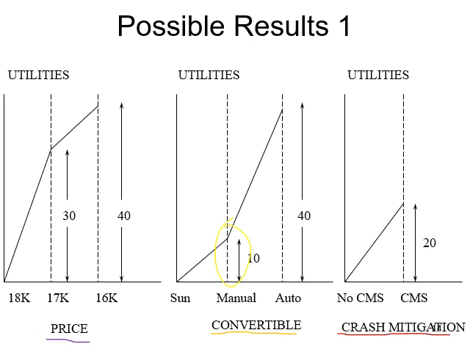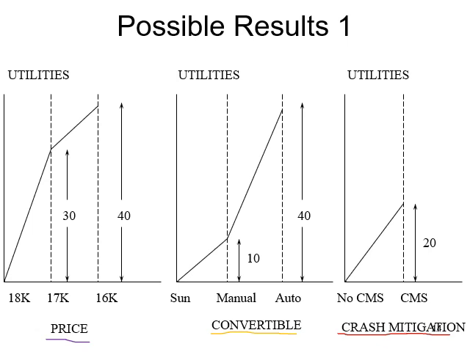And then finally, there is quite a bit of a jump going from manual to automatic. You can see it jumps by 40 utils again. So in this case, the preference is almost indistinguishable, just a little bit better manual to sunroof, but not a big bump, and then it jumps quite a bit to automatic.